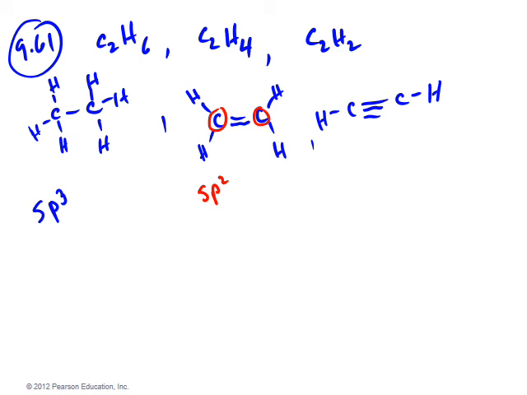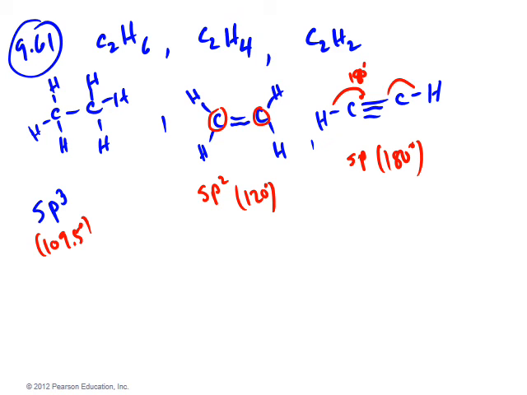And keep in mind, sp3 hybridization goes with 109.5 degrees, or around 109 degrees. sp2 goes with 120 degrees. And in the third case, the triple bond counts as a single electron domain, so there will be 2 electron domains, and then it'd be sp, that goes with 180 degrees. So this is 180 degrees. This is also 180 degrees.